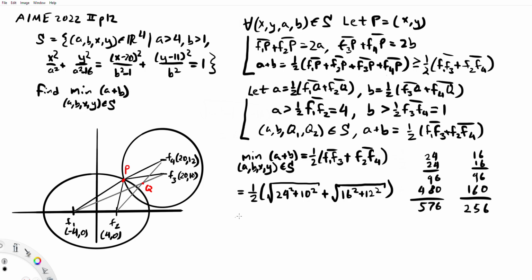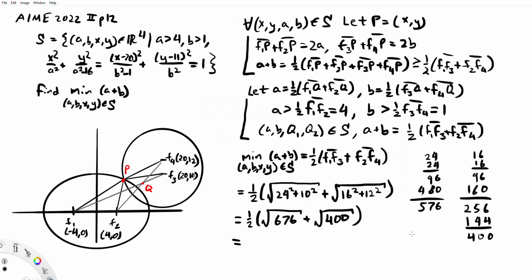Okay, so this equals 1/2 the square root of 24 squared plus 100, 676, plus the square root of 16 squared plus 12 squared, that's 144. Add that to 16 squared, we get 400, so square root of 400.